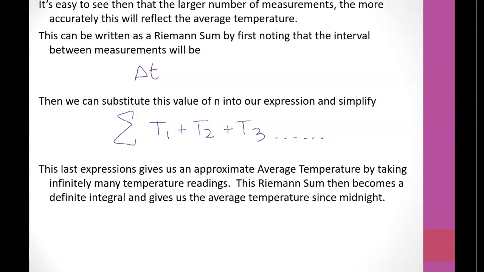As you work through that and substitute all of that in, the last expression would give us the Riemann sum from 0 to 24 of my temperatures. And then if you wanted it to be the average, same idea, you would multiply by 1 over 24.